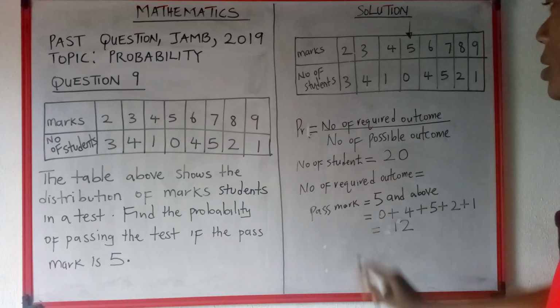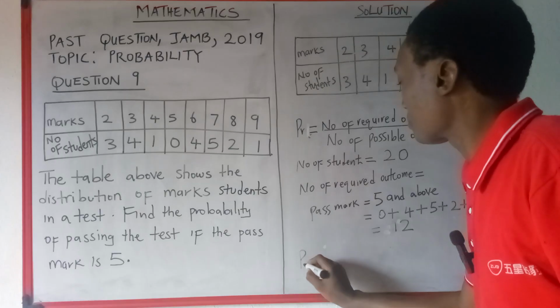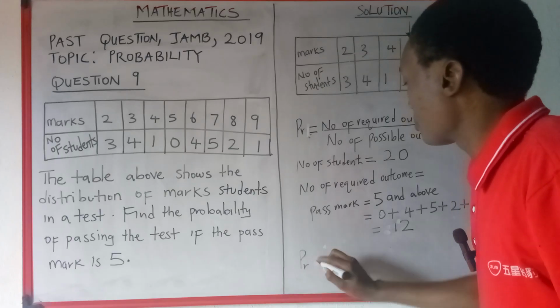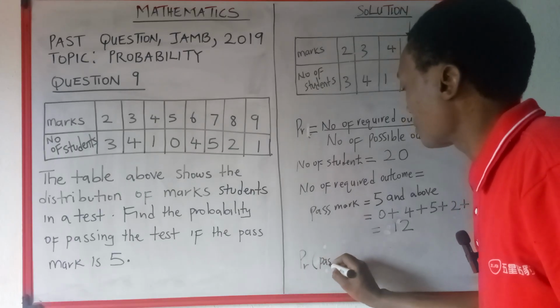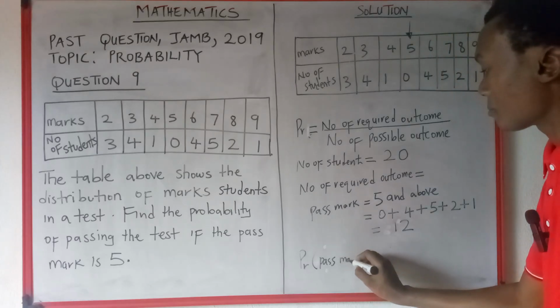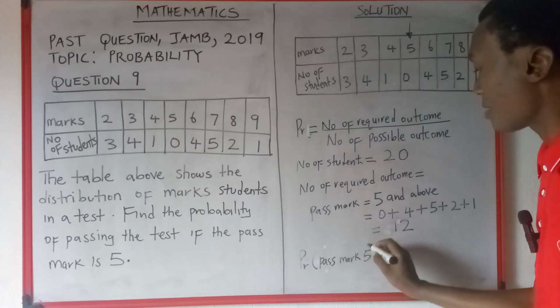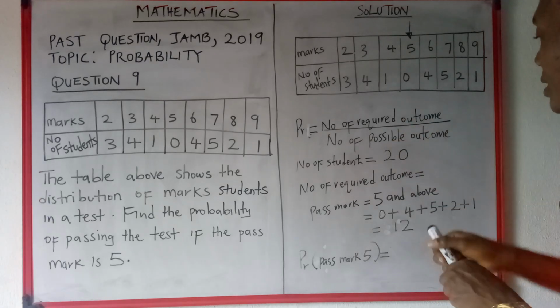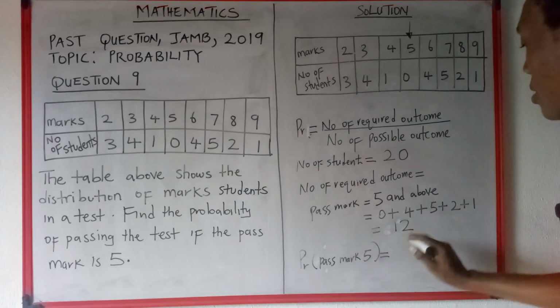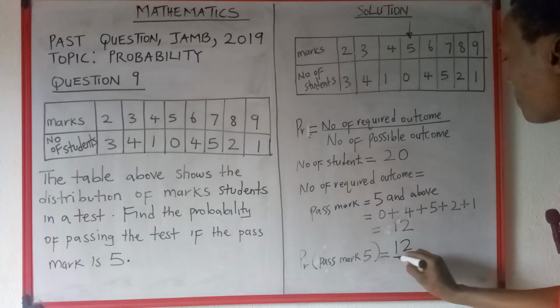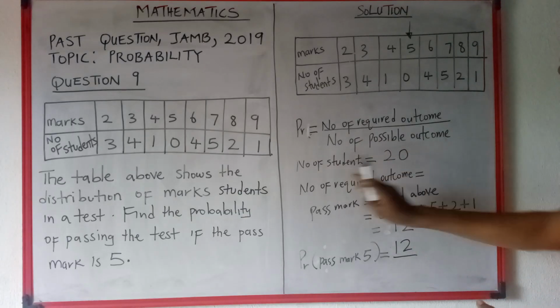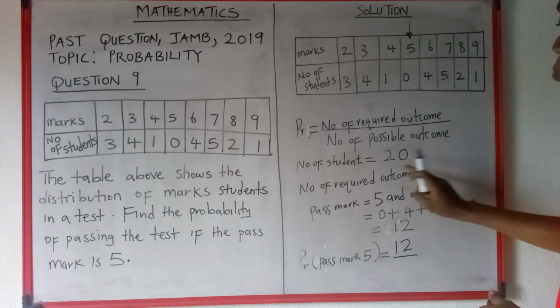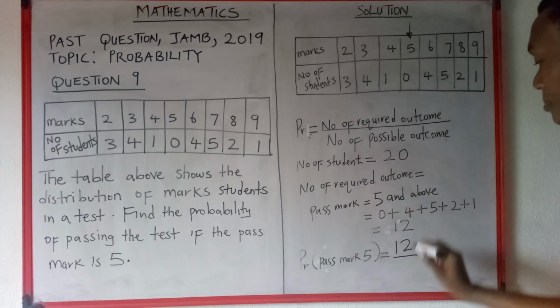Now go back to the probability. Probability, pass mark 5, is equal to number of required outcome, that's what I told you, which is 12. Put your 12 here. Number of possible outcome, which is the total number of students, which is 20.